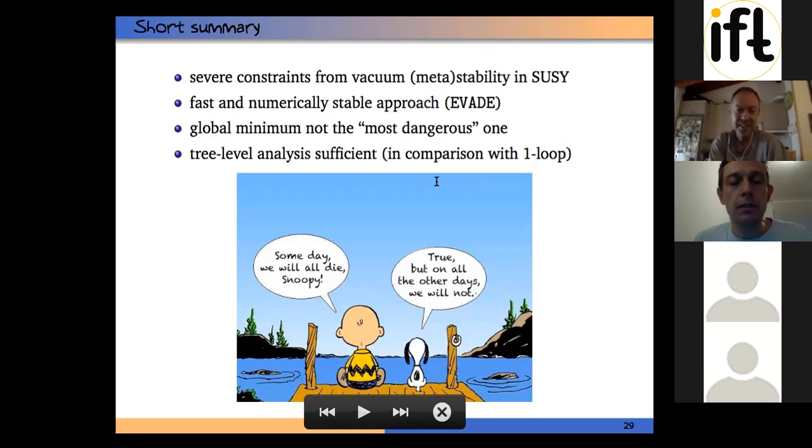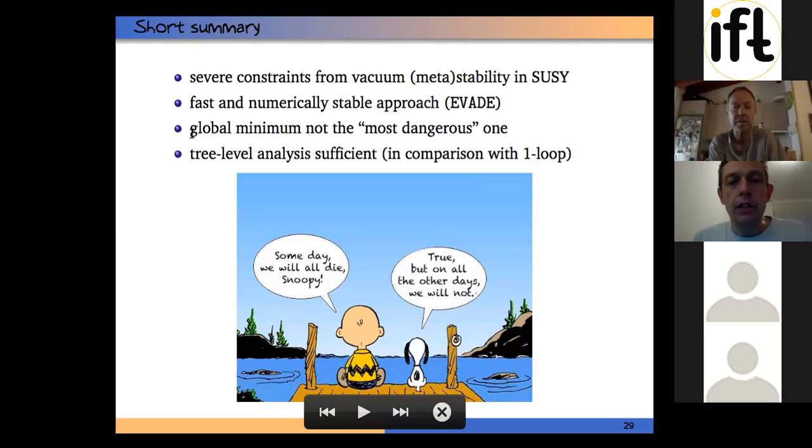This can be used and implemented in future parameter scans. And one important comment I really want to make: the global minimum is not always the most dangerous one. So if you just compare the lifetime of the electroweak minimum tunneling to the global minimum, you make a mistake. However, this is all included in the scope.